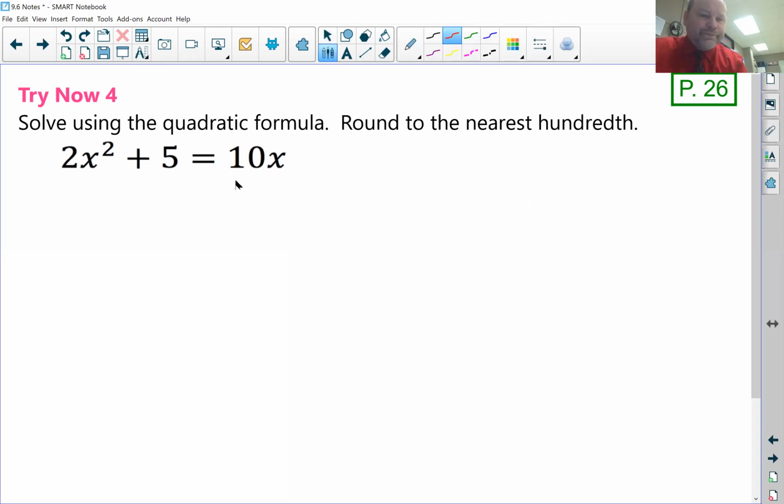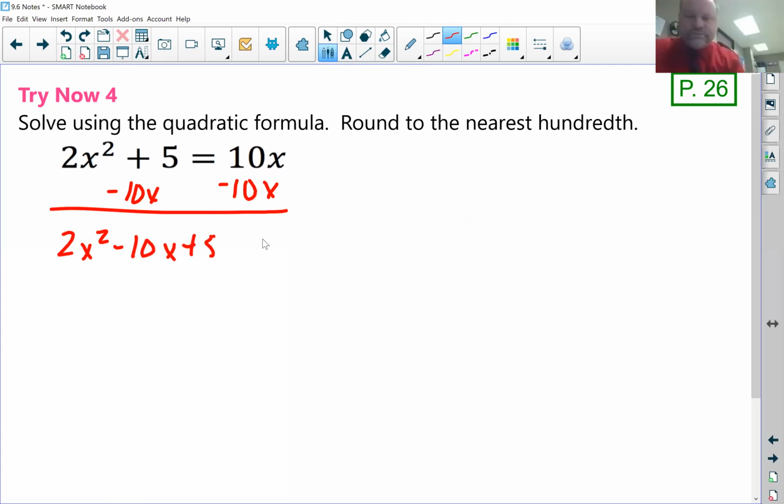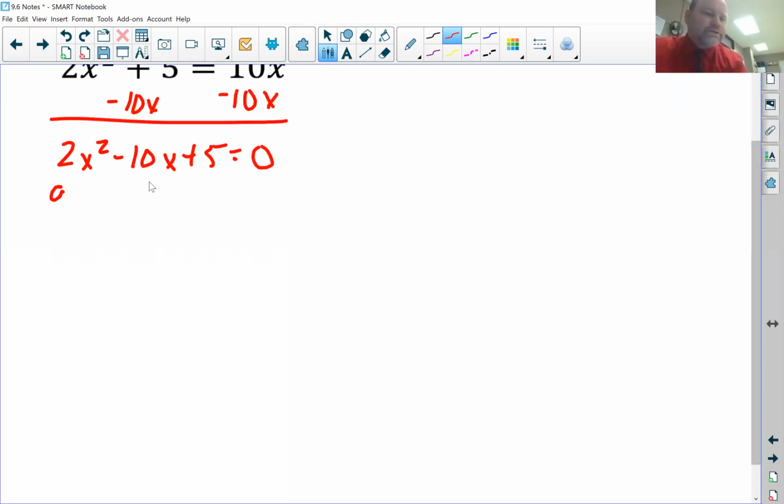So again, getting this in standard form. A is 2, B is -10, C is 5. I'm going to rewrite them over here because I know I'm going to need them later.